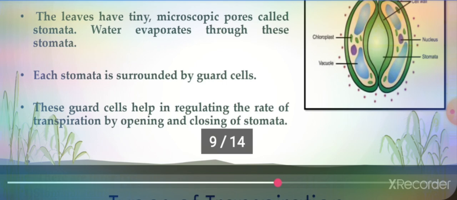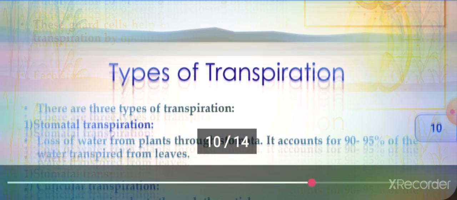So due to the turgor pressure, the outer thin elastic walls of the guard cells will expand. So when they expand, automatically the thick, rigid inner wall will open so that the water escapes outside as water vapor.